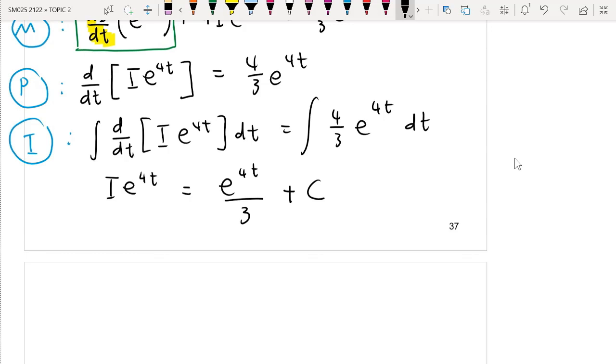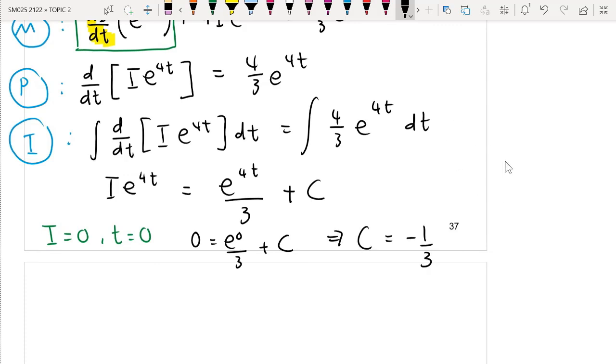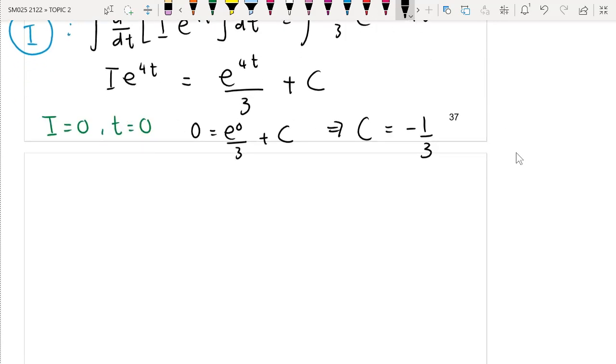Okay. Now, how do we find the constant? That's the use of the initial condition. In the original question, they said that when our current is 0, time is 0. Substitute this up, we may get 0 is e to the power of 0 over 3 plus c. So, finally, c here would be negative 1 over 3. So, I substitute c back into our answer. So, i e to the power of 4t is basically e to the power of 4t over 3 minus 1 over 3.